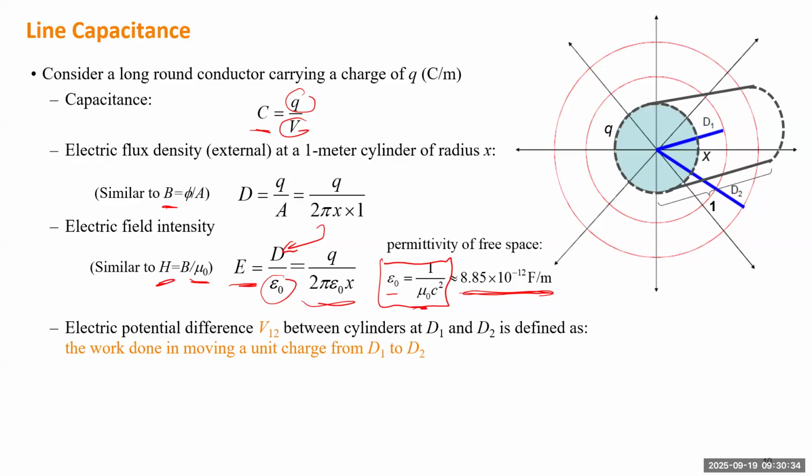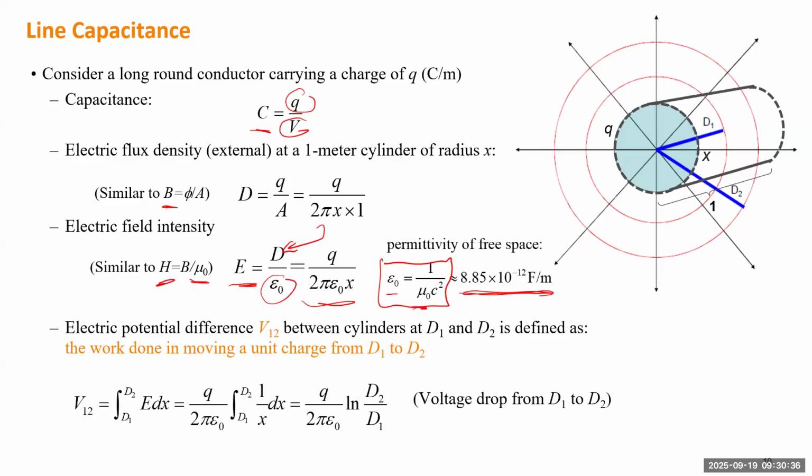So here we first need to calculate the voltage. Voltage is defined as the potential change, which is the work done moving a unit charge from distance d1 to distance d2. So basically we just integrate the electric field over the change of distance from d1 to d2.